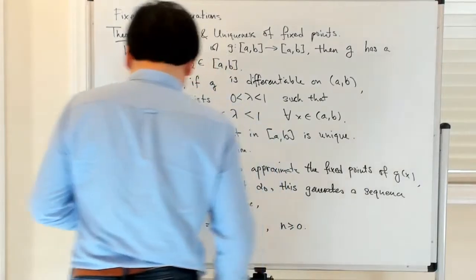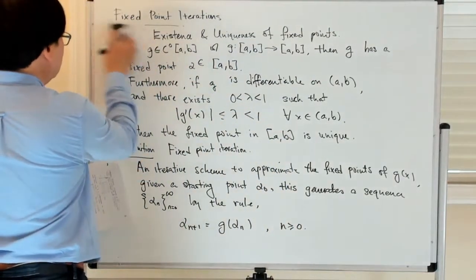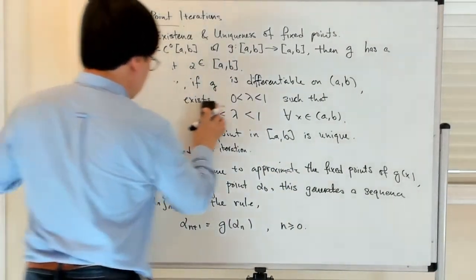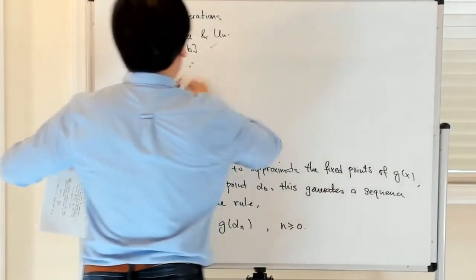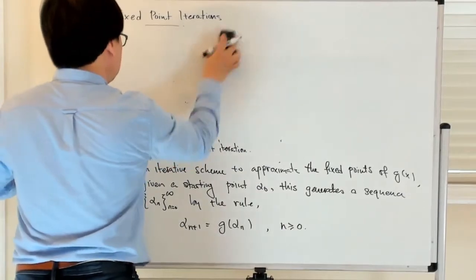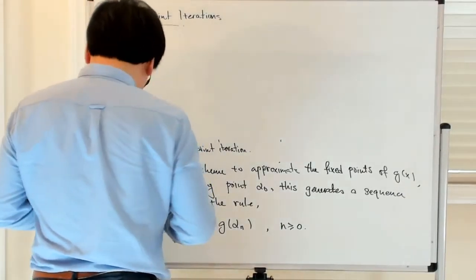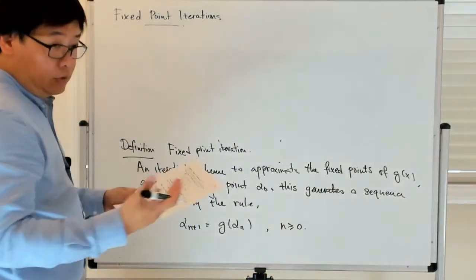Okay, so I should remark that this allows me then to connect it to Newton's method, because Newton's method can be viewed as a fixed point iteration of one of these maps whose fixed points are the roots of the original function.